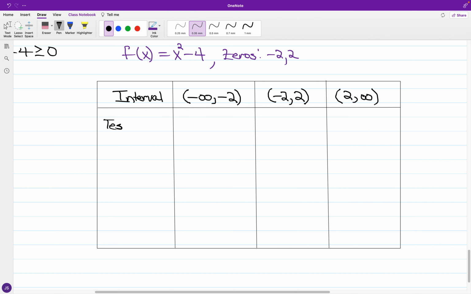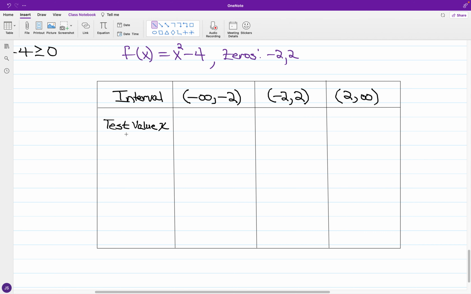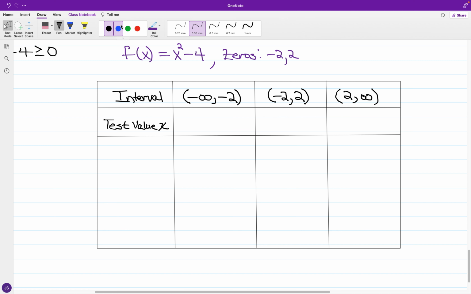And we have separate rows here. So underneath the heading of interval, have a test value for the input. Now the input variable we have with x. And I'm going to determine the output for each of the selected input values.